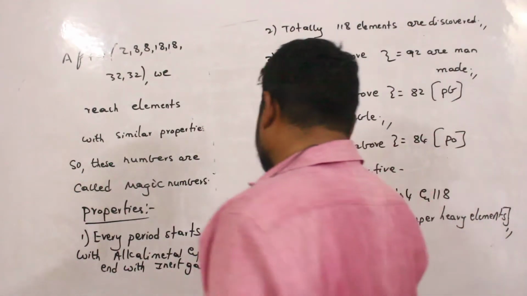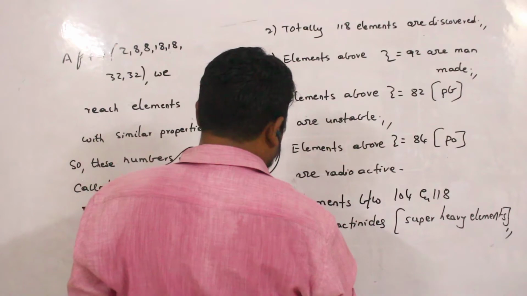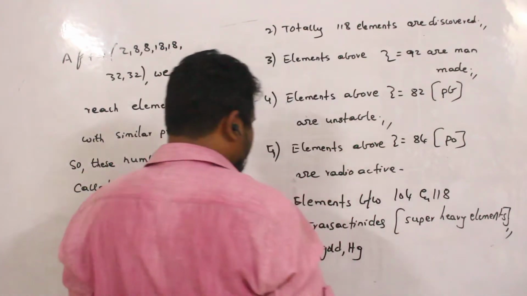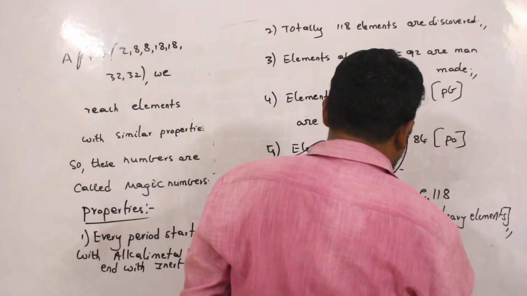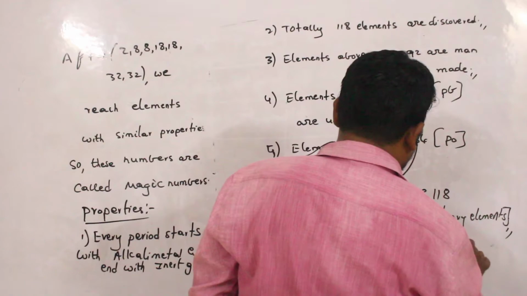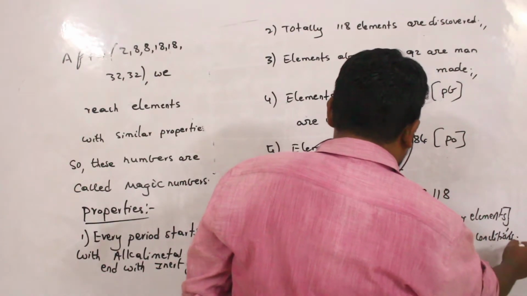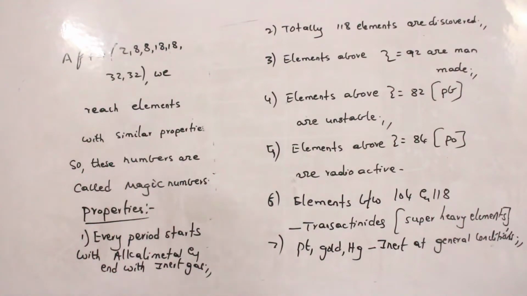Then one more property, the seventh one: platinum, gold, and mercury are inert at general conditions. So at normal temperature and pressure, platinum, gold and mercury are inert elements.